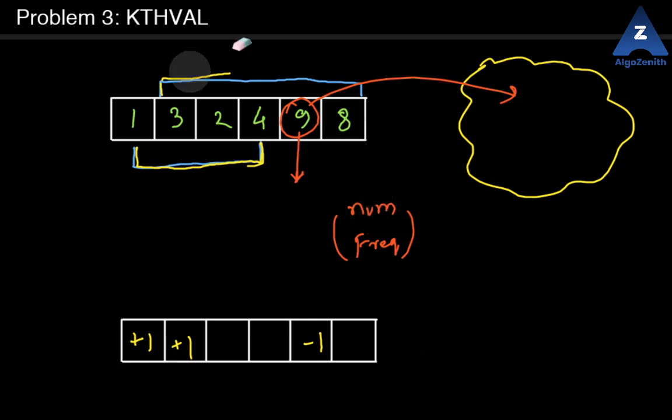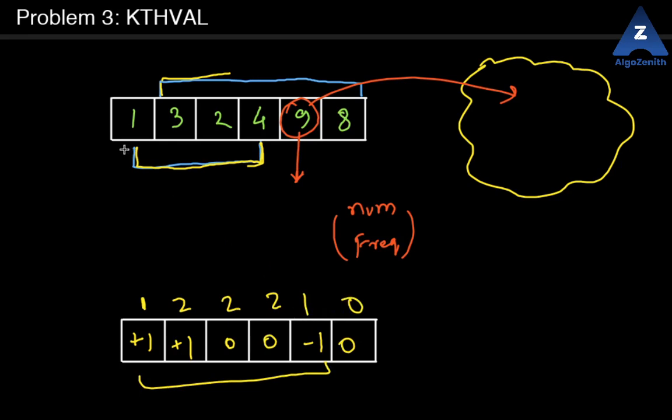We do this for all the queries given to us, and then at the end build a prefix sum. The prefix sum would be 1, then 2, 2, 2, then these are zeros, then 1, then 0. These values 1, 2, 2, 1, 0 are actually the frequencies of the elements, that is, how many times each will get added to this set.